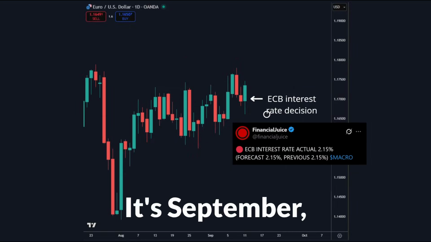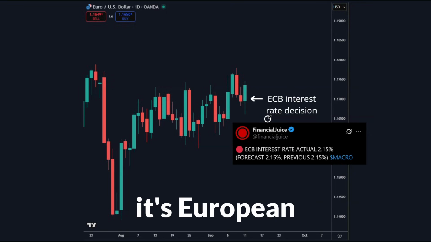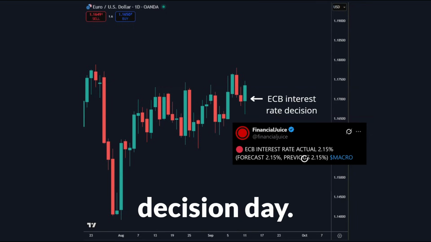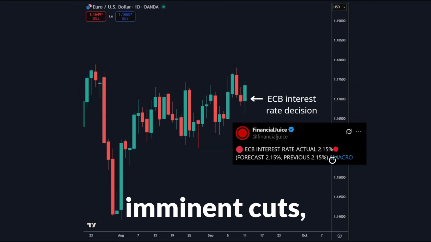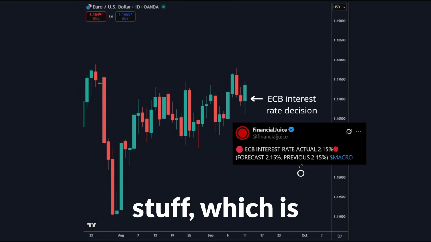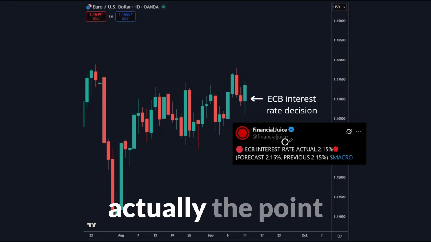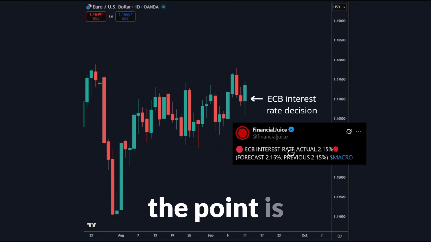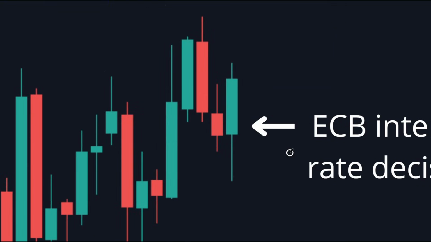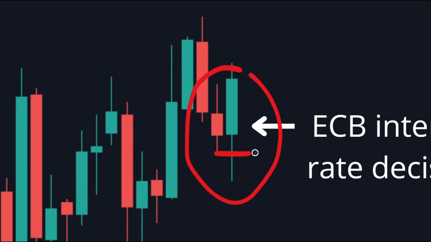It's September 2025 in this example. It's European Central Bank decision day. They keep rates steady, signal no imminent cuts, slightly hawkish, which is marginally bullish for the euro, but not a lot. But that's not actually the point here, because the point is, on the daily chart, EURUSD prints a bullish engulfing, low taken and close above the high of the previous candle.